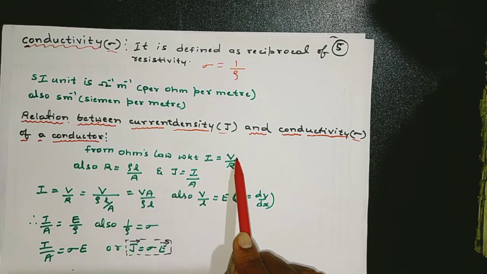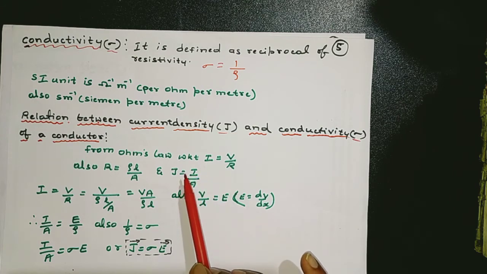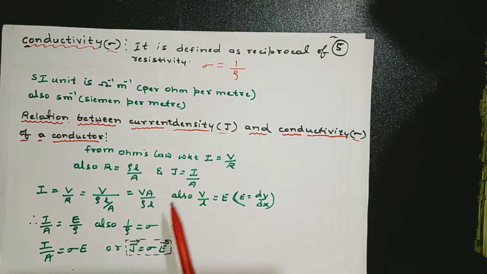I is V by R. Also we know that R is rho into L by A. And what is J? Current density is I by A. So I may be written as V by R, which is V by rho into L by A, so V into A goes to numerator by rho into L.